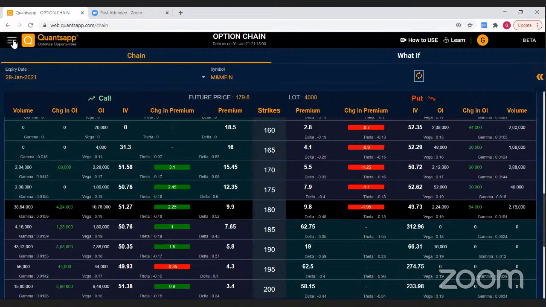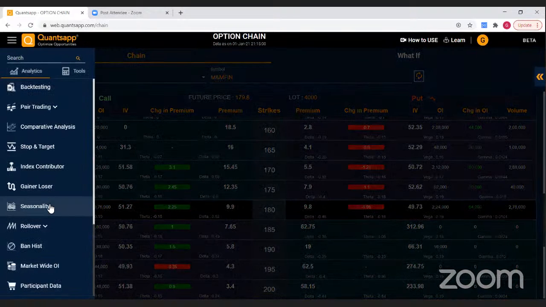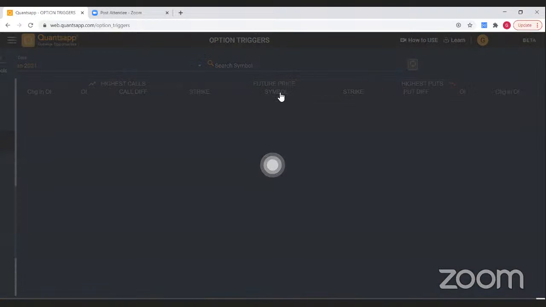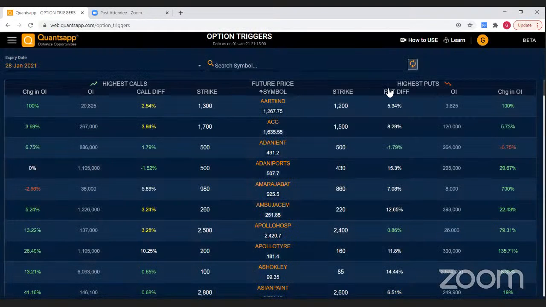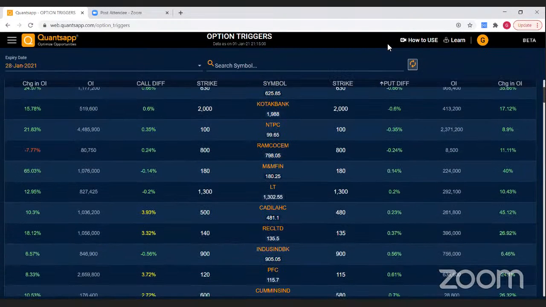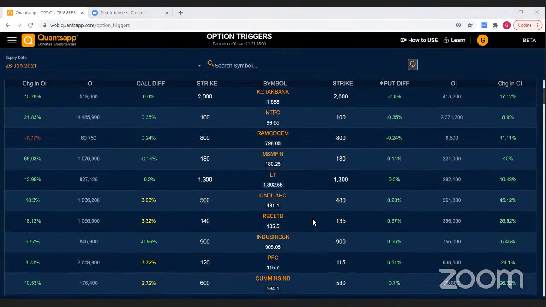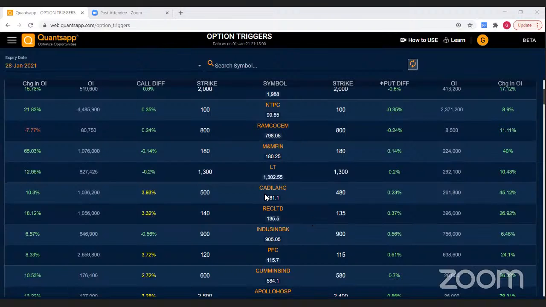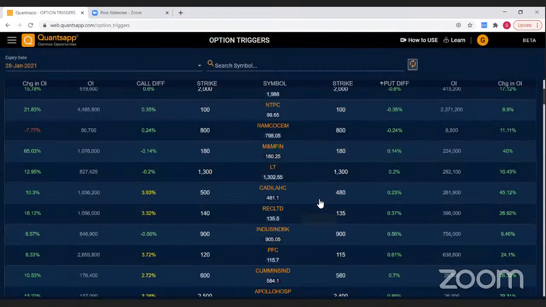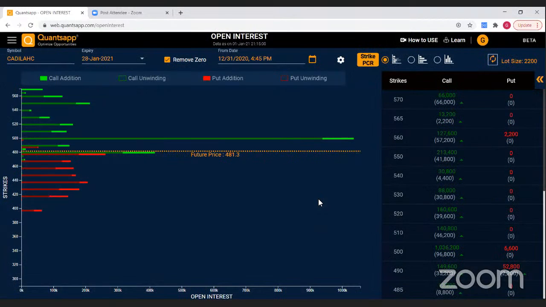If I go again to the option trigger, and then to open interest and option gain, we'll go to the open interest.